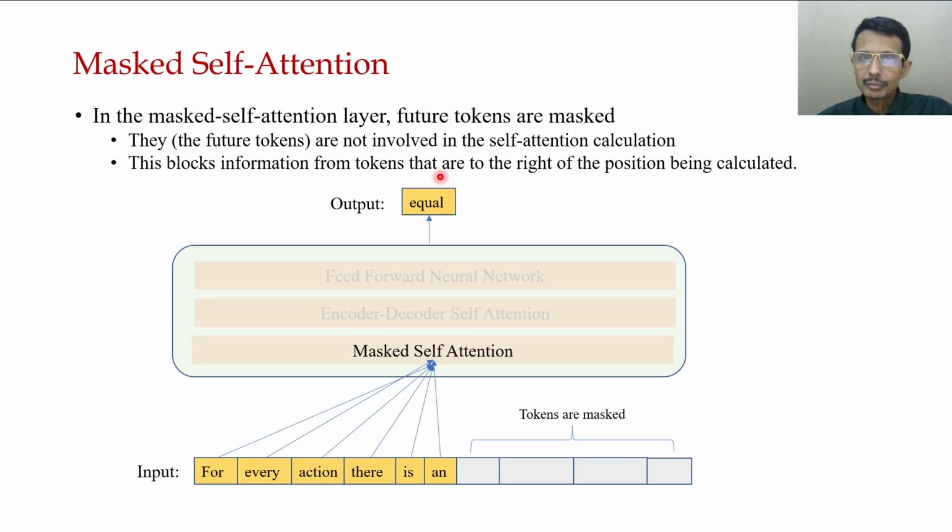This blocks information from tokens to the right of the position being calculated. This particular one is being calculated, and these are the tokens after it. They are all masked. That's the concept of the mask. Other things are very similar to the transformer decoder we have learned in detail.